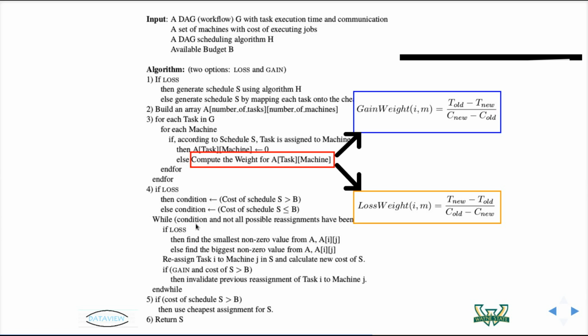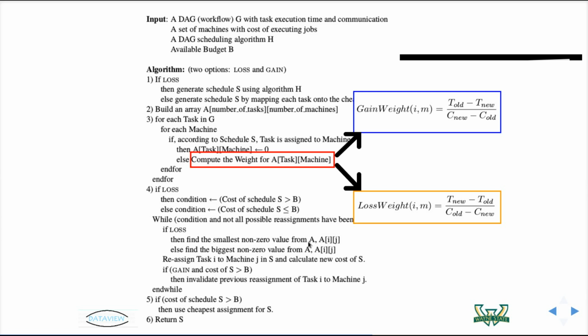So until the condition is valid and all reassignments have not been done yet, we will check if we have the approach loss. So we find the smallest non-zero value from A. Why?